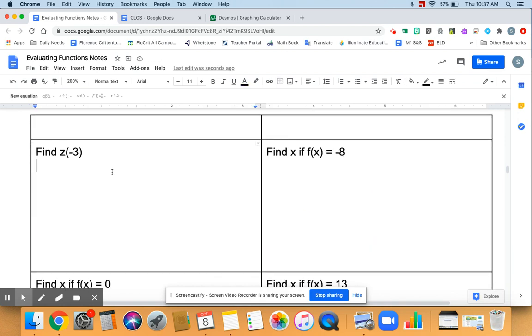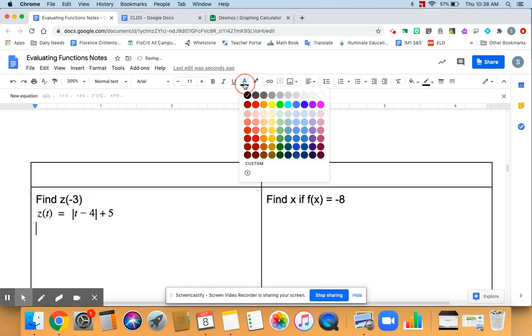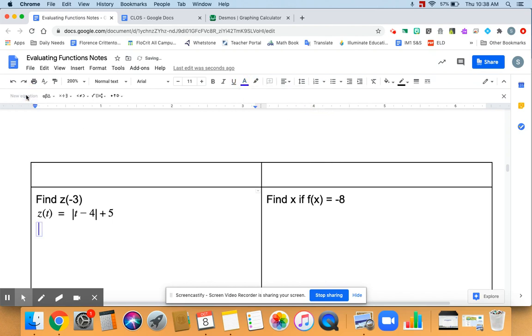This one says find z of negative 3. So I'm going to take z. Instead of t, I'm going to put a parentheses with a negative 3 there. And then I'm going to add 5.